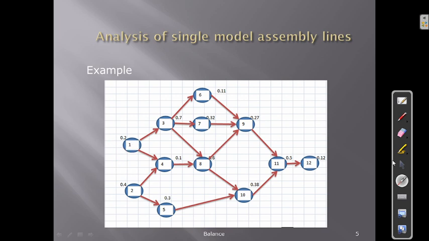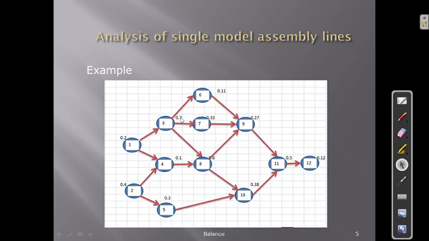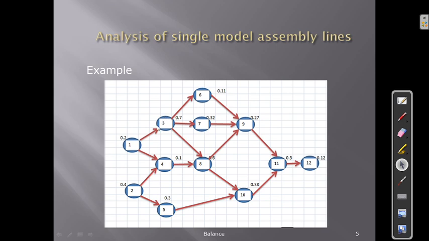Then the next step, we go to the table column. Work element 3 is preceded by 1, and work element 4 is preceded by 1 comma 2, which means 1 and 2.